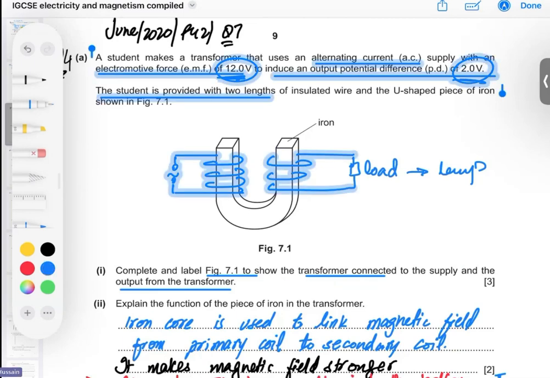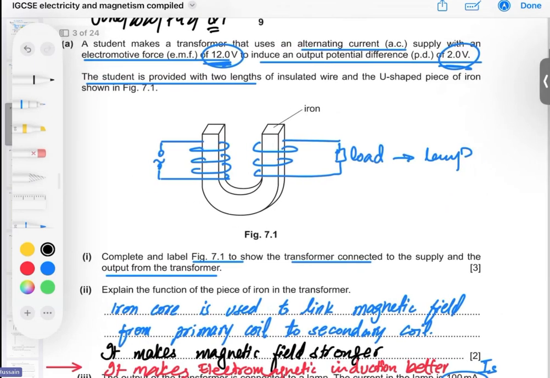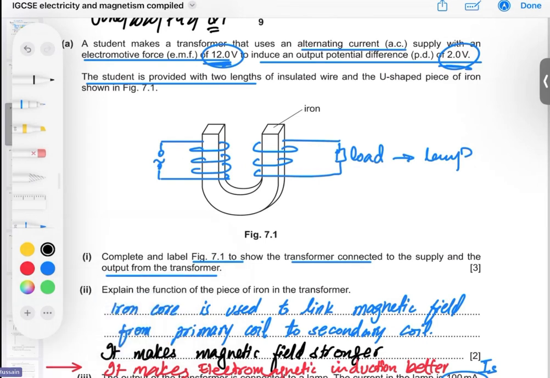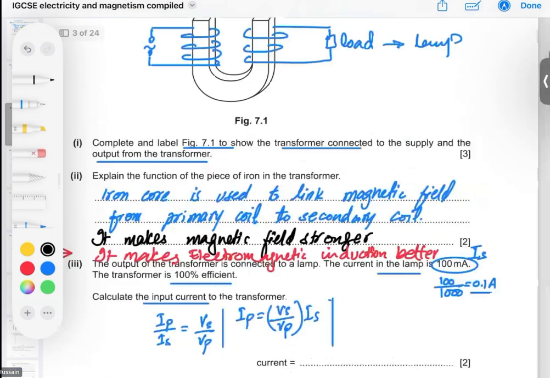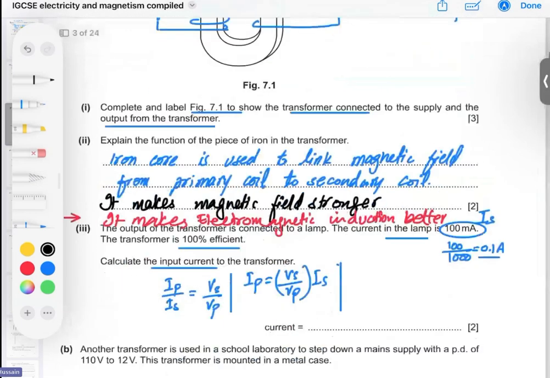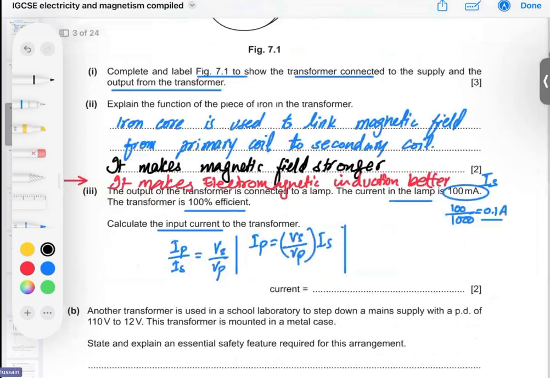And this is Vp, right? So 2 upon 12, into Is.